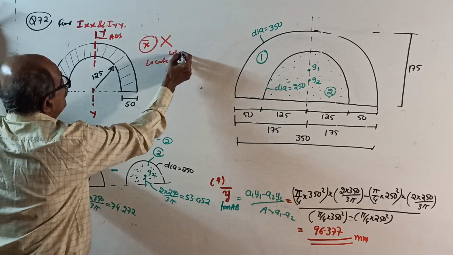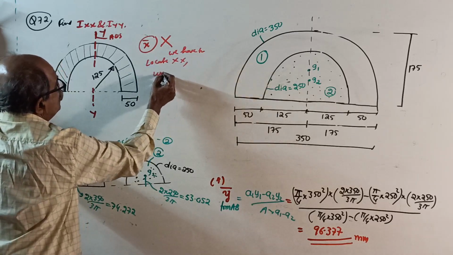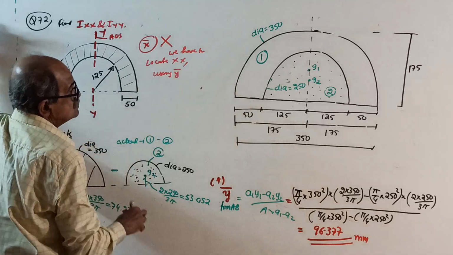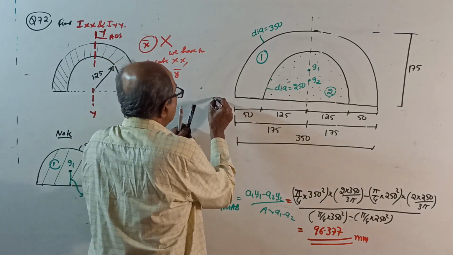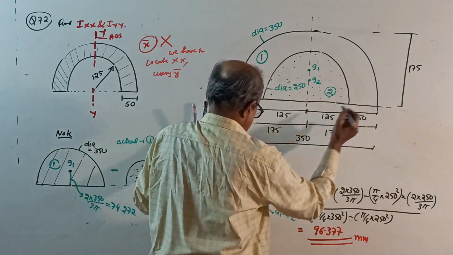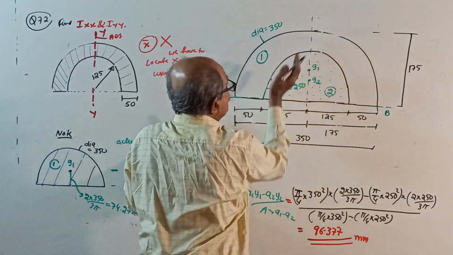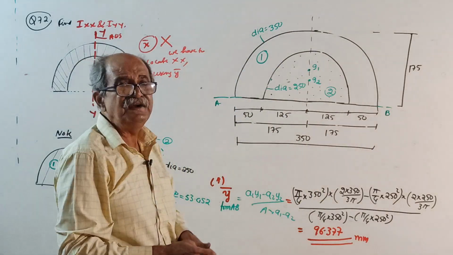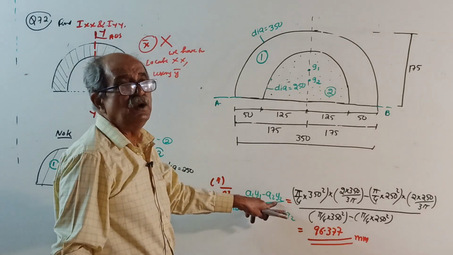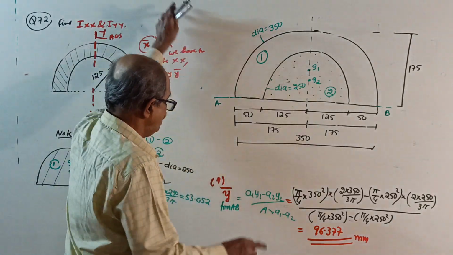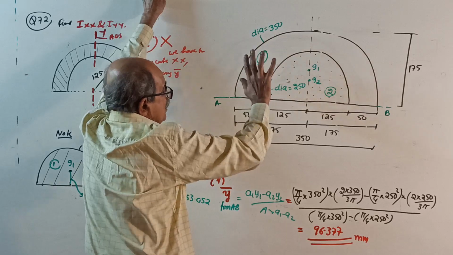We have to locate the x-x axis using y bar. So y bar we will take from the base. I will take the AB axis, some name. From AB, y bar equals A1y1 minus A2y2 divided by total area A1 minus A2. A1 is the semicircle of diameter 350, full.